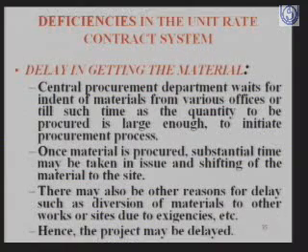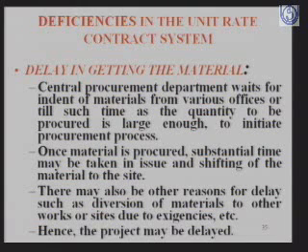Now what are the deficiencies in the rate contract system? Let's understand this before we change to the turnkey contract. In the rate contract there is a delay in getting the material. There is a central procurement department which gets indents of supply of materials to the various offices.